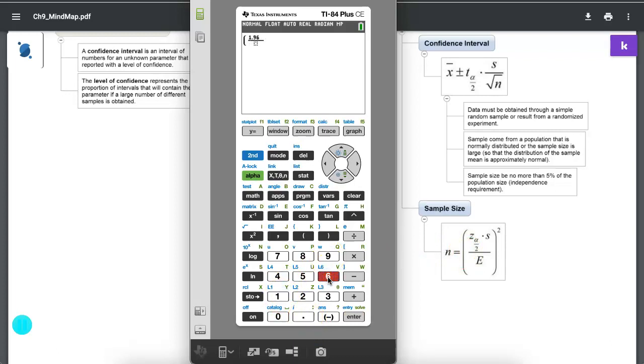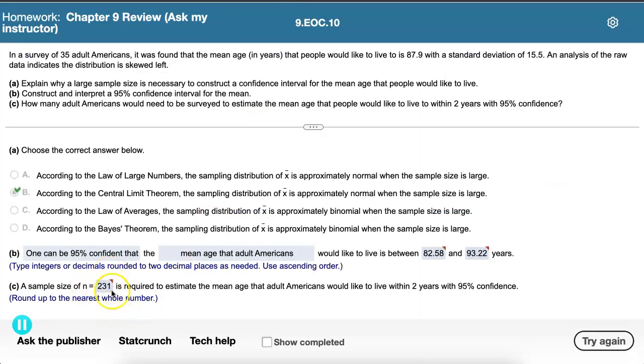It's 1.96 for a 95% confidence interval. And we're going to multiply by the given sample standard deviation, divide by the margin of error, which in our case was 2 years. Close the parentheses, square that, and this is what we get. Round up, I believe, is what the problem statement said, and so that's how we arrive at 231 as the required sample size.